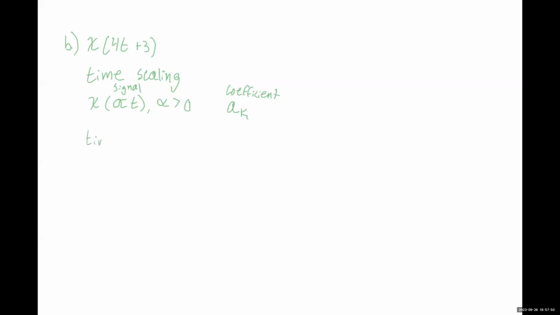And for our time shifting, we have signal x of t minus t naught gives us coefficient a_k e to the minus j k omega naught T naught, which is equal to a_k e to the minus jk 2 pi over T naught. Oh, sorry, for T naught.